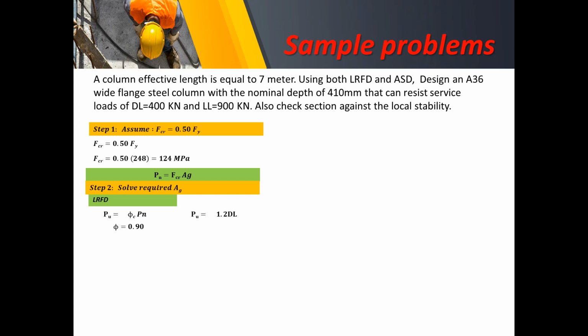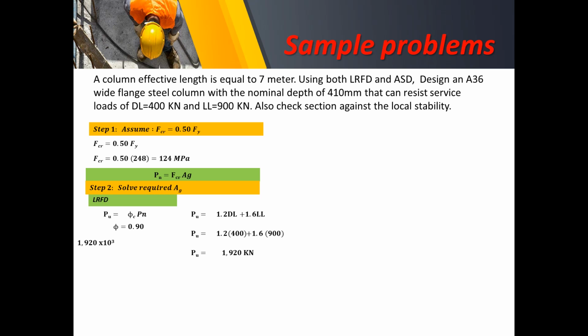Okay, so we have here the factored load, 1.2 dead load and 1.6 live load. So we just apply those load factors to our given loadings. We'll have 1920 kilonewtons.